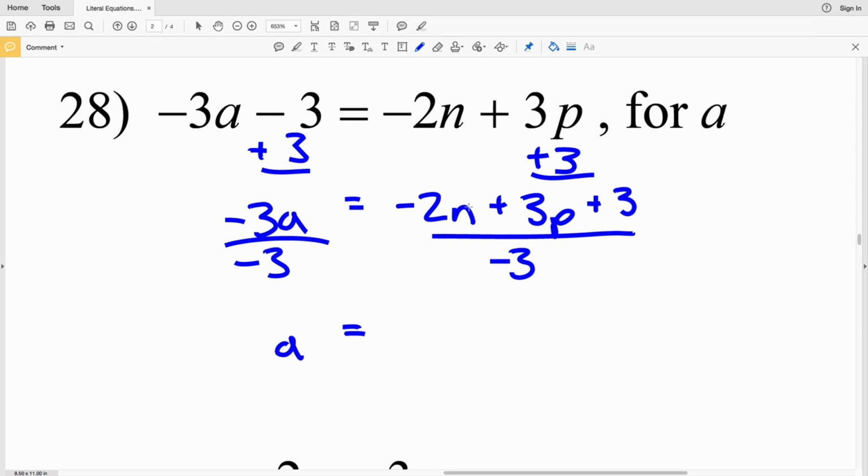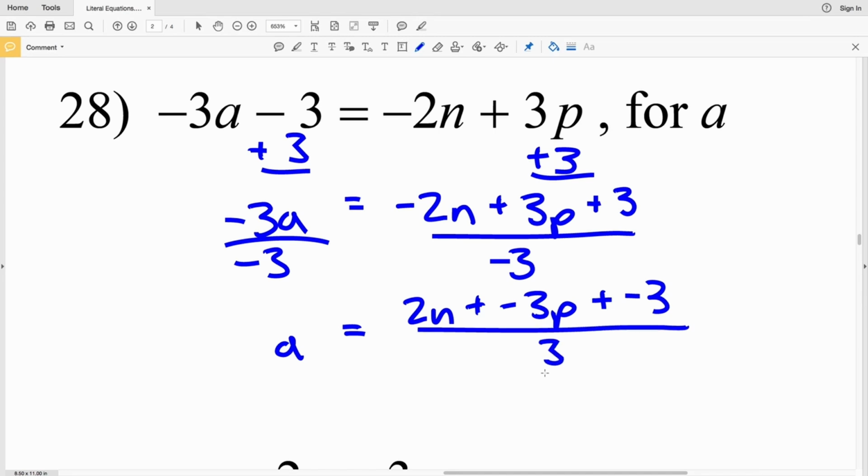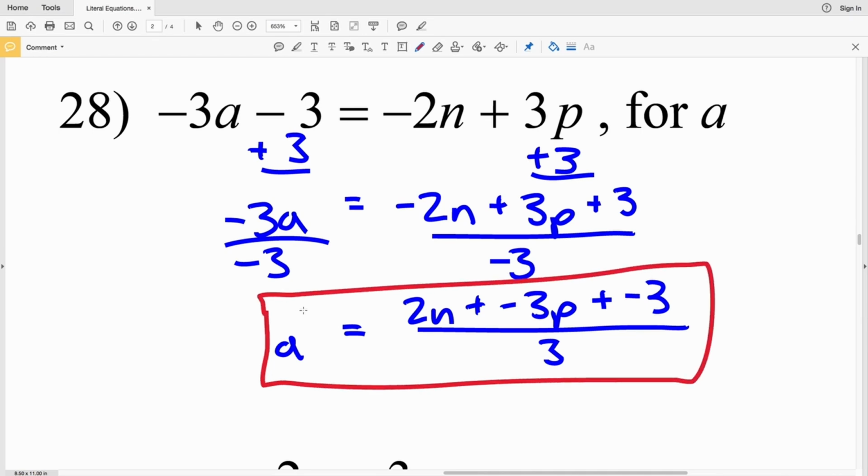So I'll get that a positive 2n plus a negative 3p plus a negative 3 all over 3 is equal to a. And remember, the order of addition, again, doesn't matter. So if you wanted to, you could say negative 3 plus 2n minus 3p all over 3.